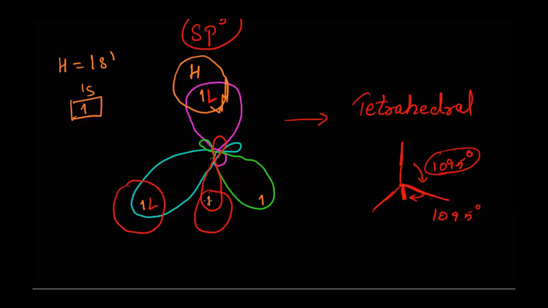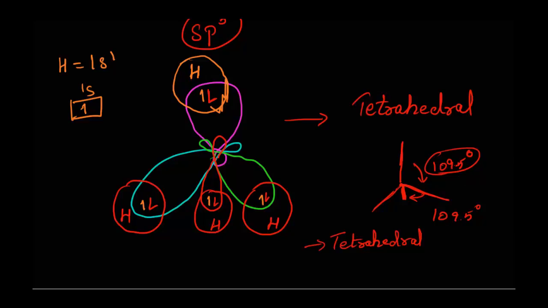Sorry for this, let me draw it again. This is my hydrogen, the red colored one is my hydrogen. So these hydrogens will bond with all these hybrid orbitals and they'll form a tetrahedral geometry.